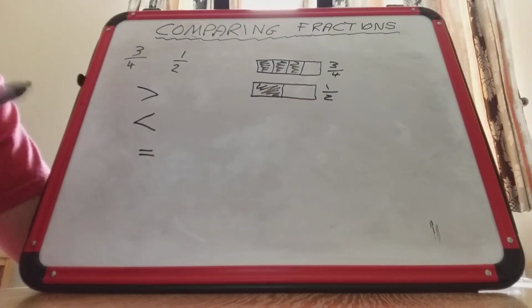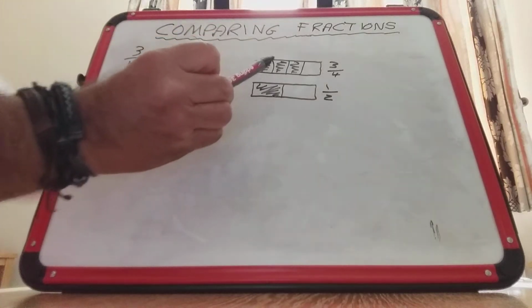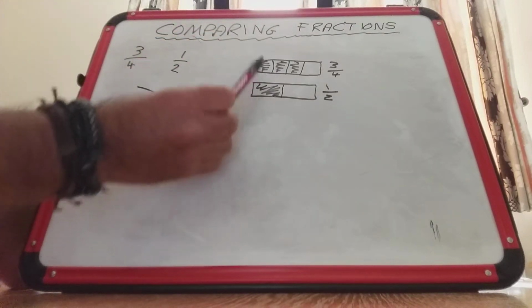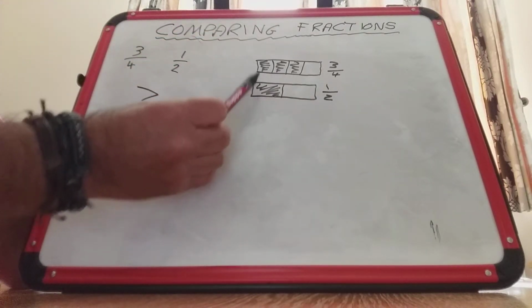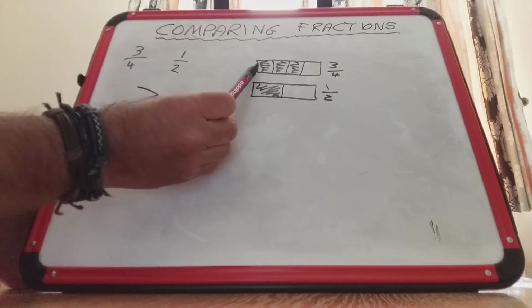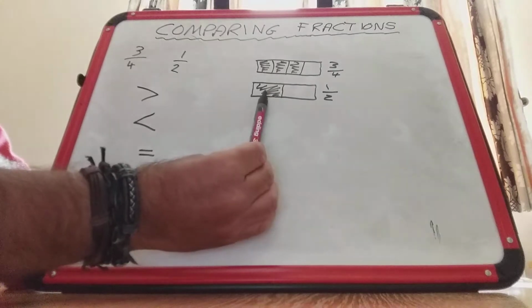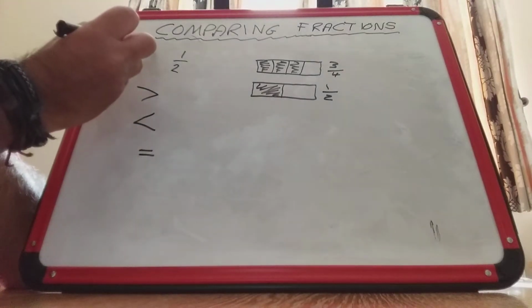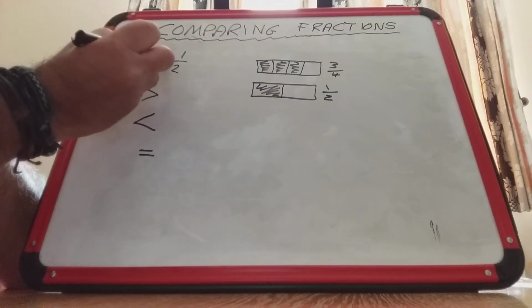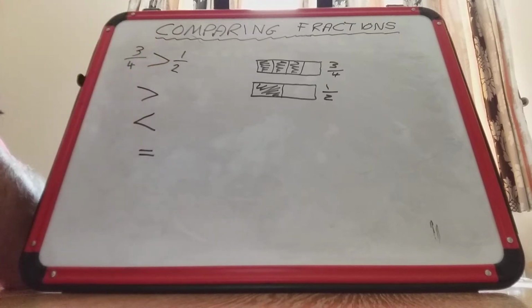Then we compare this diagram with this diagram, and we can clearly see that 3/4 is more than 1/2. So therefore, we put the greater than symbol in.